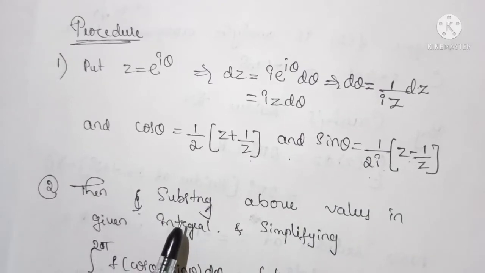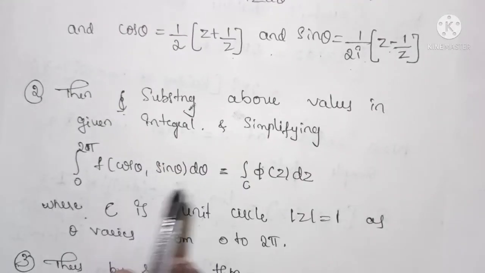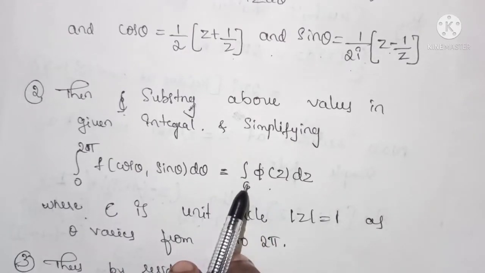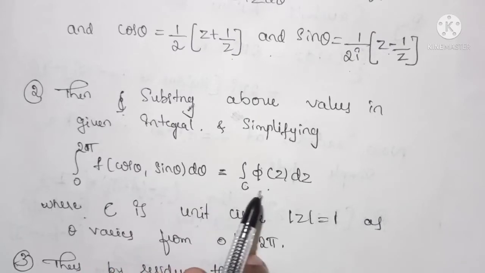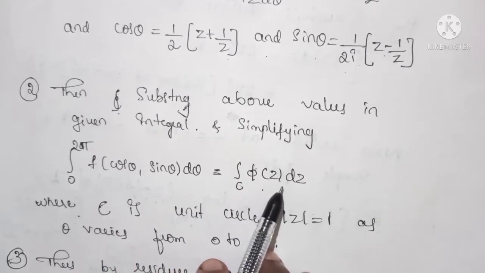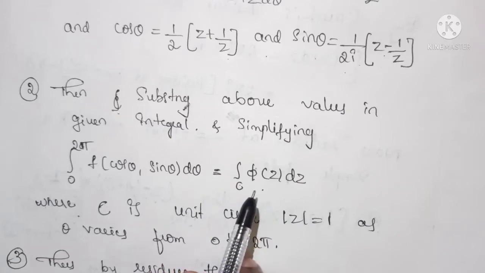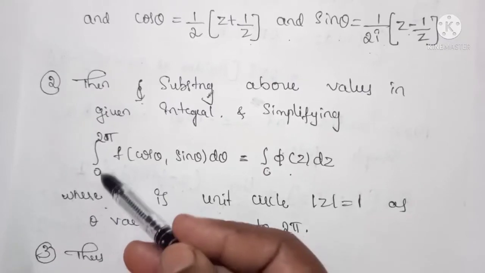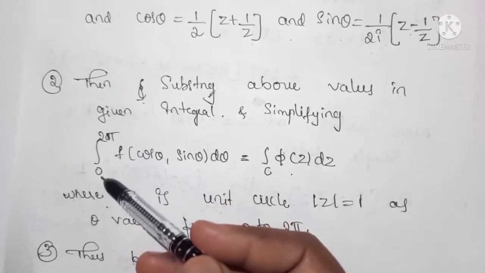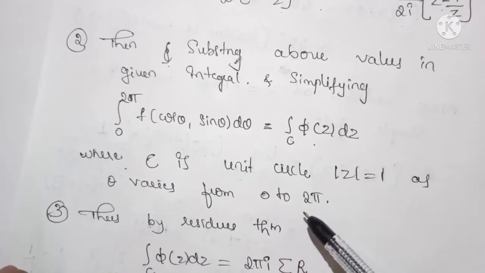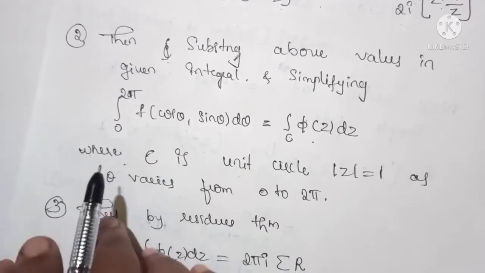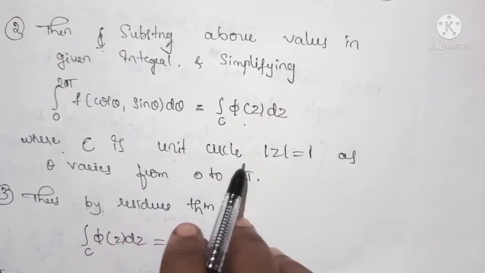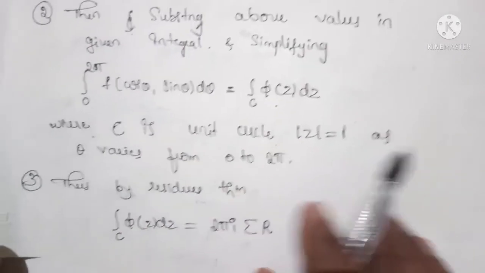Simplifying, the integral becomes a function of z, that is, integral over c of phi of z dz, where phi of z is a function of z and c is the unit circle, because theta varies from 0 to 2 pi, so mod z equals 1.